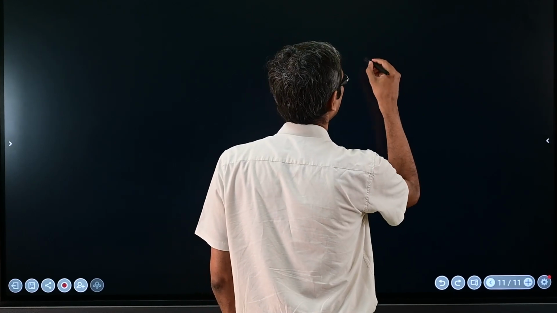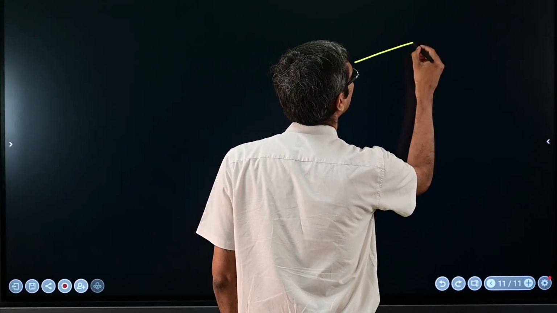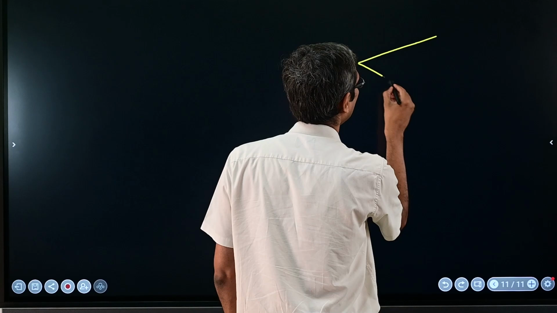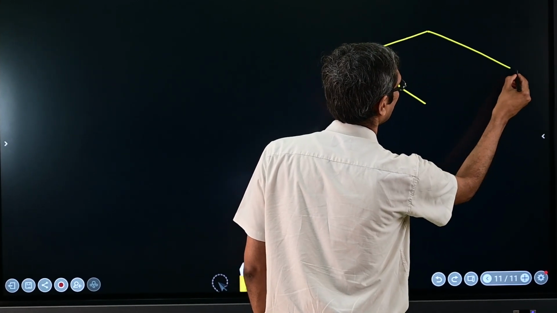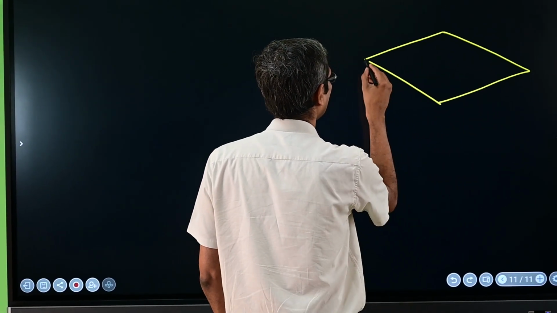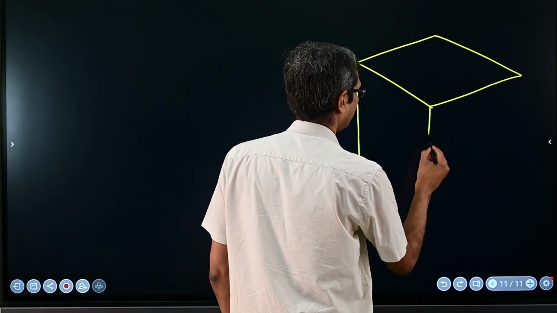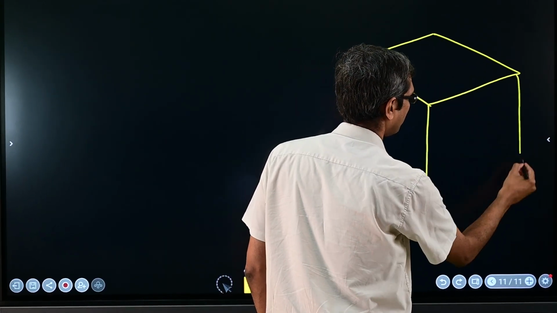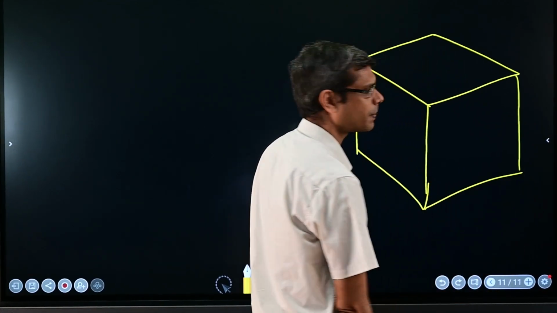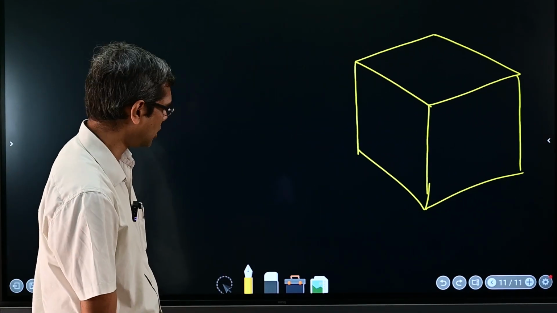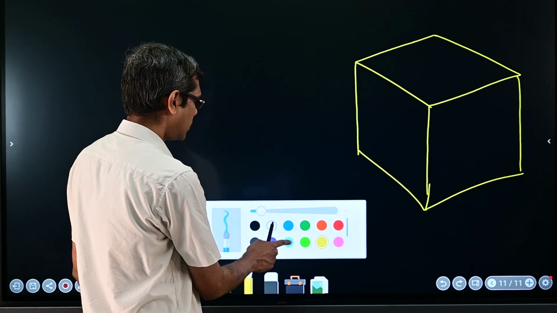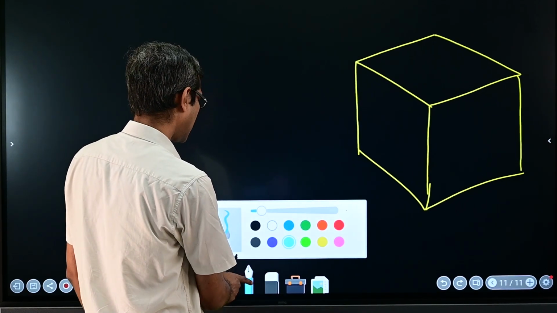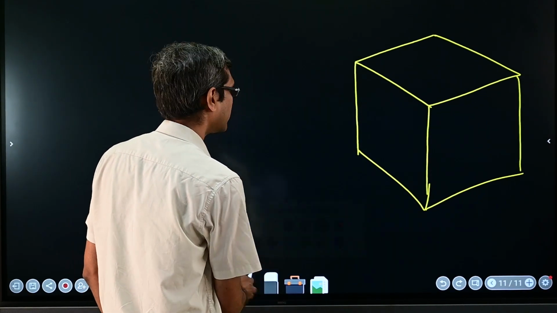So what generally is done is you draw a cube, okay, like this. On this cube you draw the stresses. Let me draw first.